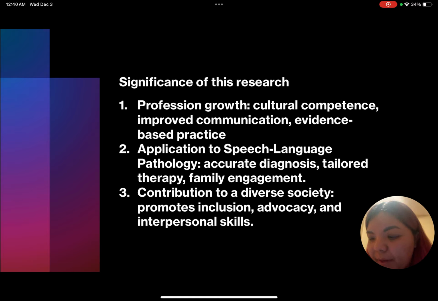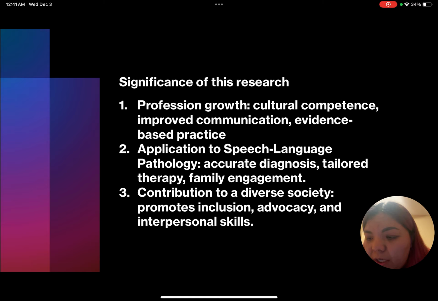And then I have tailored therapy. Therapy plans can incorporate culturally and linguistically appropriate strategies, improving outcomes and clients' trust. So you can build the therapy around their language phonetics, right? And then I have family engagement.